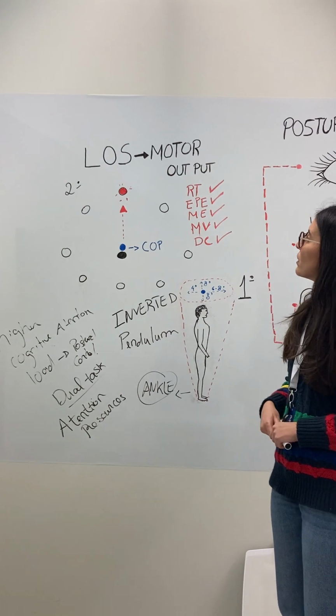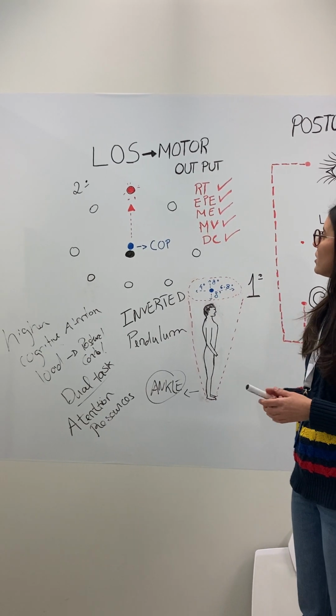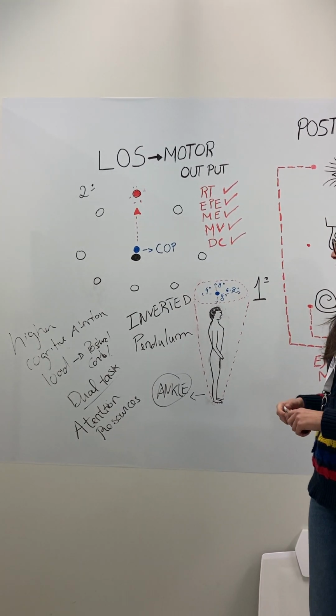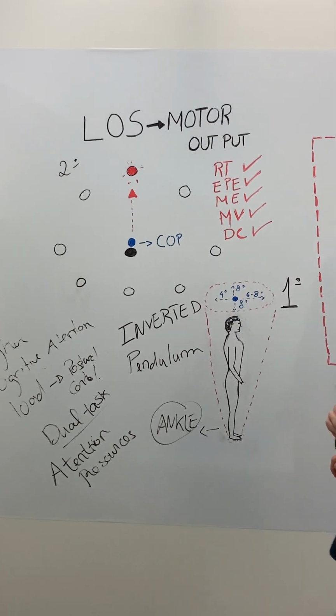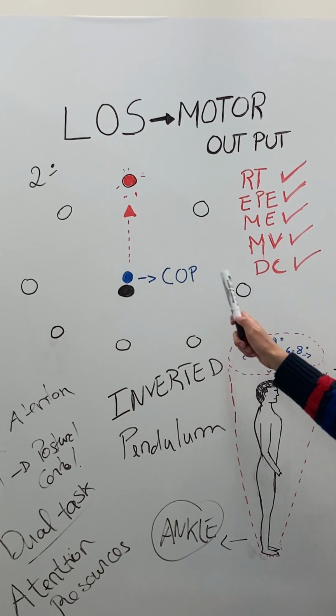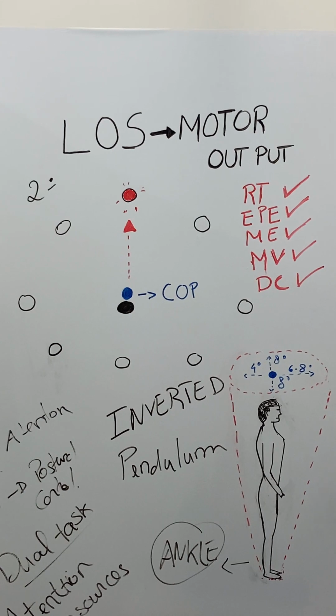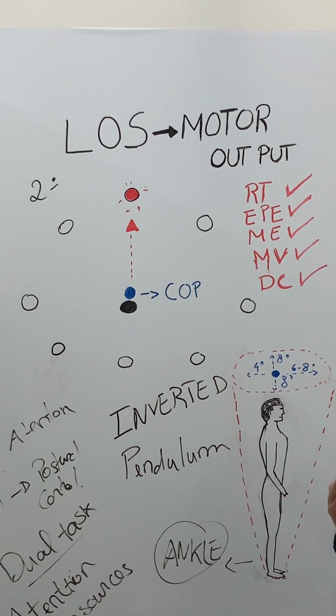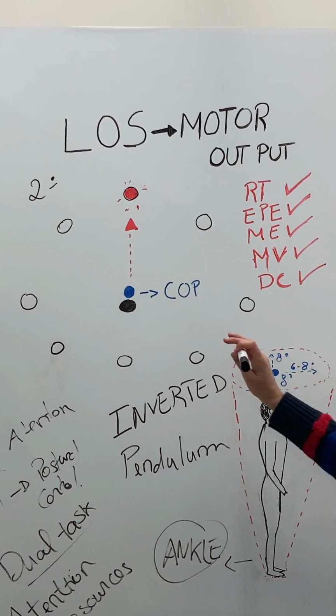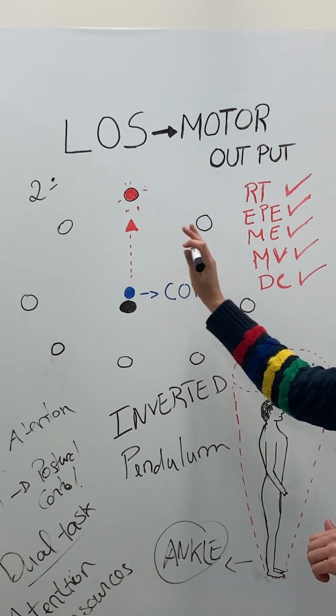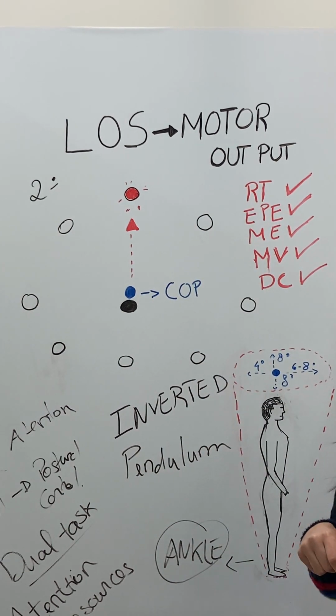Now, the limits of stability protocol itself. We're going to look at this drawing. It measures several movement characteristics towards targets in 8 different directions.